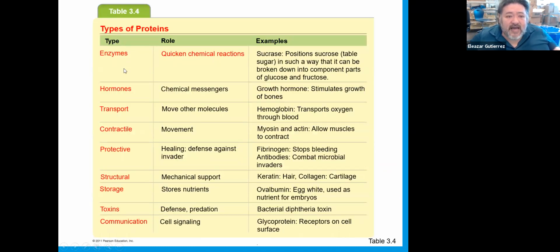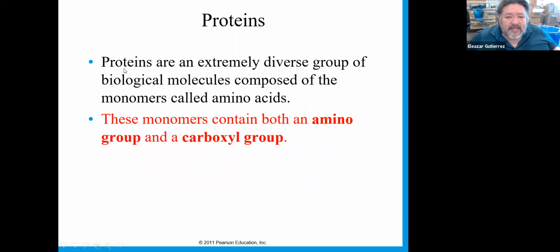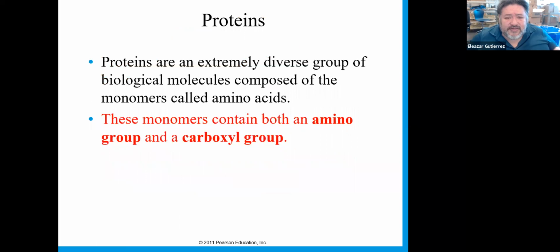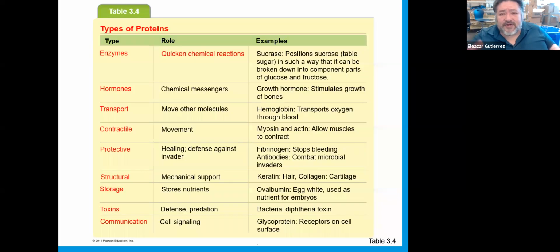See, up until now, everything did only a couple things, right? So for example, if you're dealing with sugar, that's energy or structural, right? If you're dealing with lipids, it might be communication, energy, and plasma membrane, right? Not a lot of things.